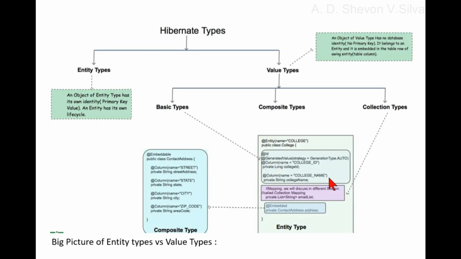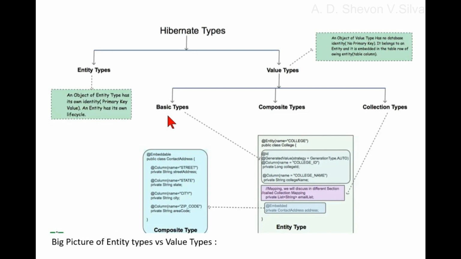String, character, boolean, integer, long, byte, java.sql.Date, java.net.URL, java.sql.Blob, java.util.UUID, etc. are built-in basic value types. You can find all basic types in the Hibernate documentation.